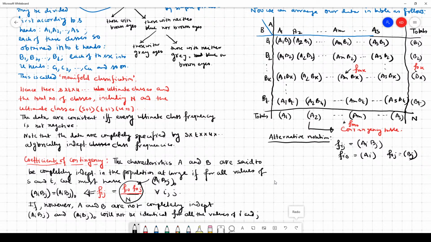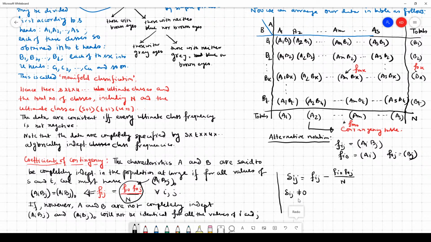And we define the deviation by delta ij, which means Fij minus Fi naught F naught j by capital A. So generally this delta ij is not equal to 0 for at least one ij.